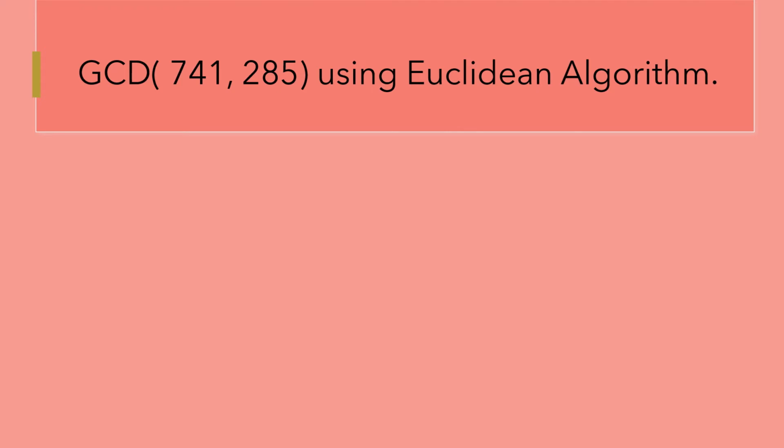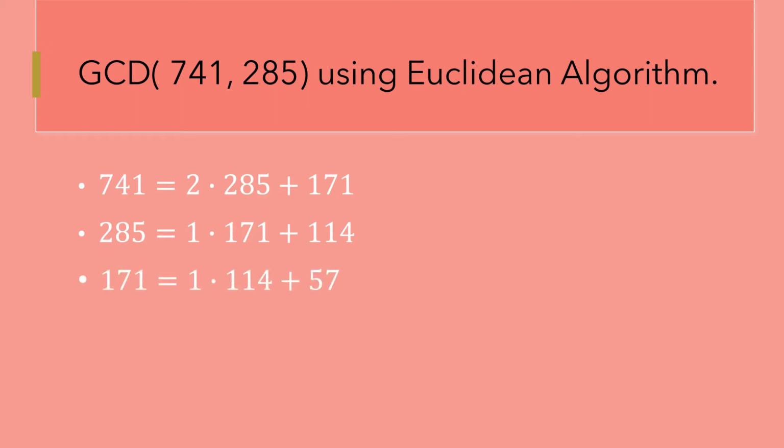Let us try to find the GCD of the two numbers 741 and 285 using Euclid's algorithm. Now here we have 741 can be expressed as 2 times 285 plus a remainder of 171, and then 285 can be written in terms of 171 as 1 times 171 plus a remainder 114. 171 is 1 times 114 plus 57 remainder, and then 114 is 2 times 57 with no remainder, 0.